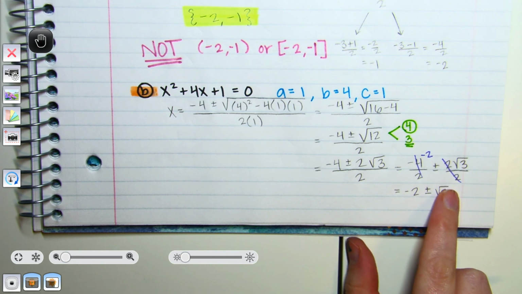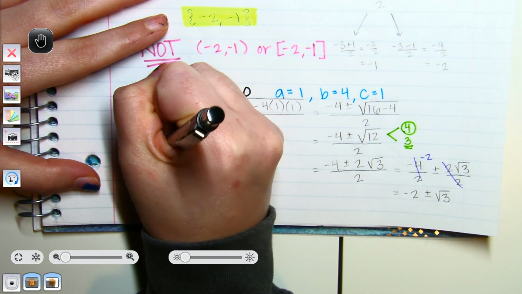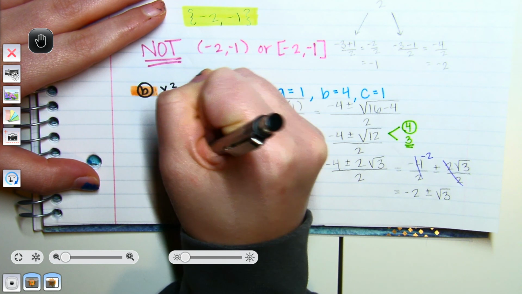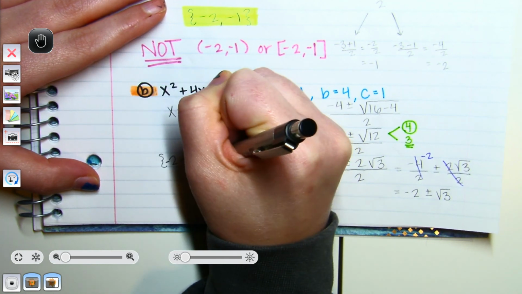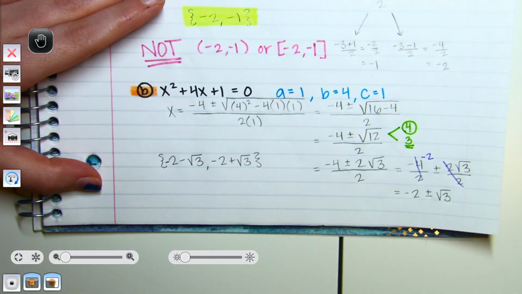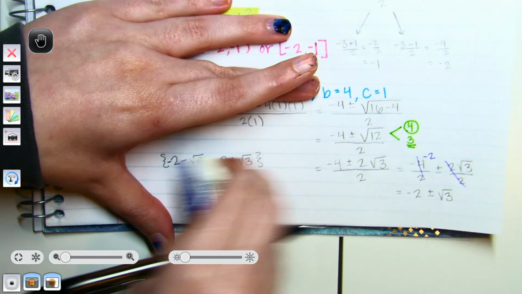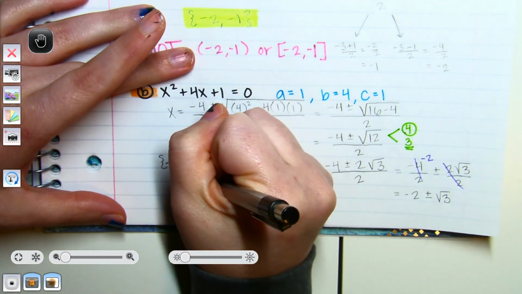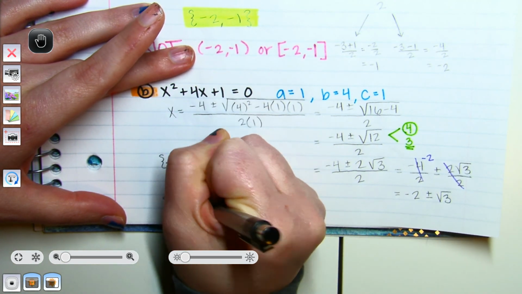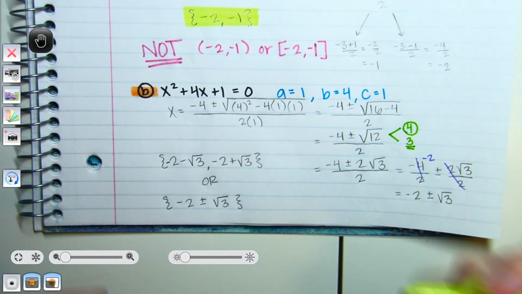Now, when I write my answer, I will accept it either way: writing -2 minus rad 3, comma, -2 plus rad 3 in your little squiggly brackets, or if you put -2 plus or minus rad 3 in squiggly brackets, I will give you credit either way.